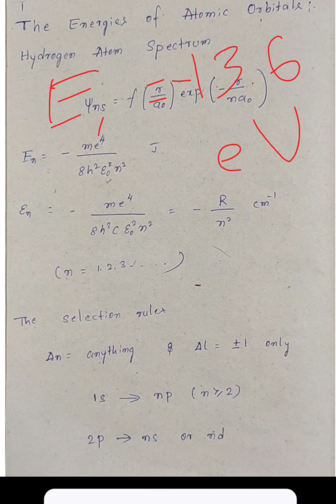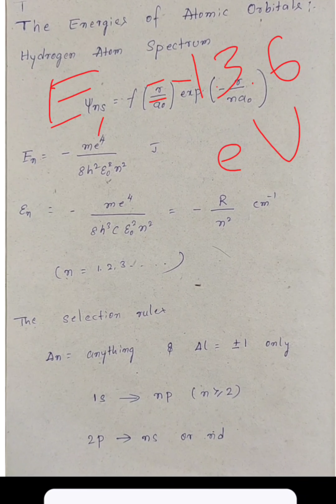Minus indicates the electron is bound to the nucleus in the first ground state. You already know this one.